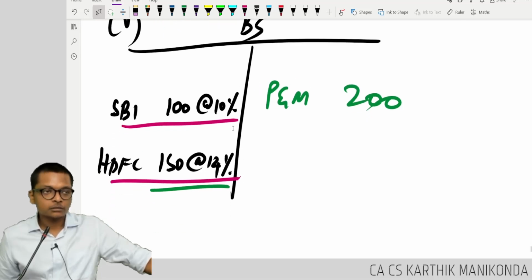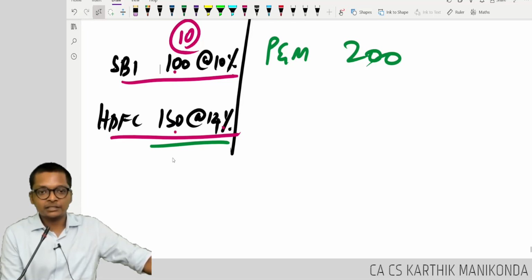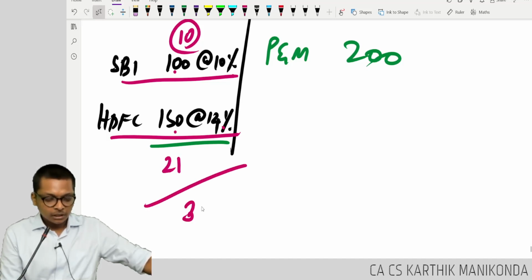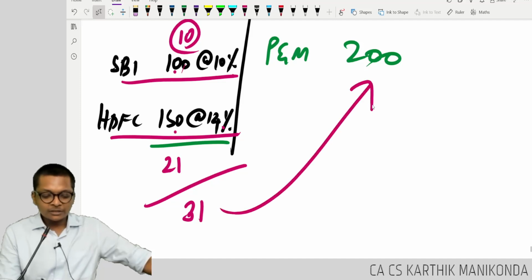What proportionate? For example, SBI 100 into 10% interest is 10. Here 150 into 14% interest is 21. So my total interest is 31, total interest for 250. Now in this 31, how much is for 200?